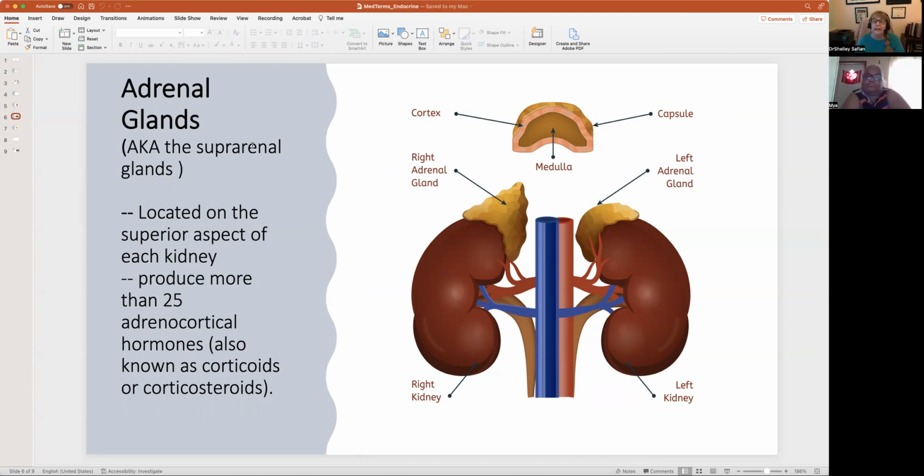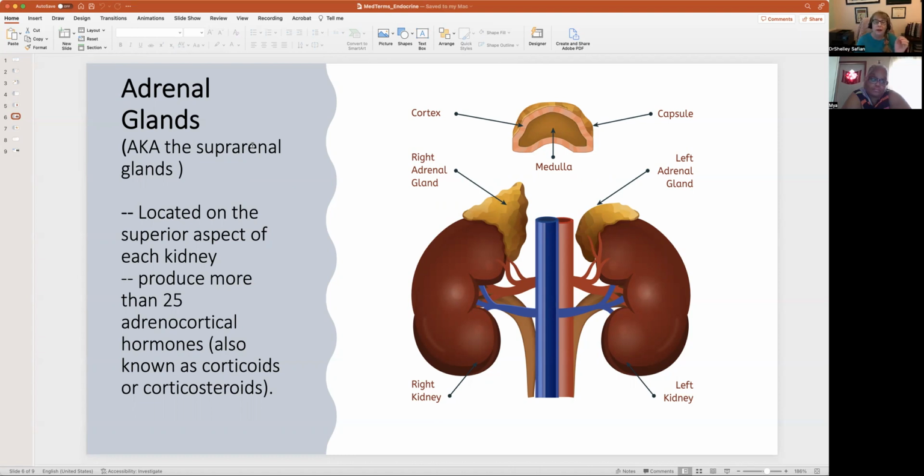And these little lumps of yellow produce more than 25 hormones. Adrenocortical hormones, also known as corticoids, also known as corticosteroids. So again, you just throw the dictionary in the air and pick a word. Okay, I find it easier to remember adrenocortical hormones.